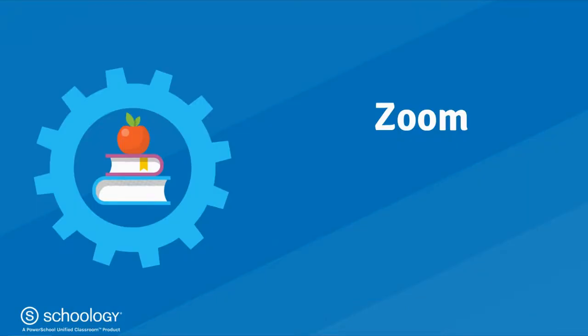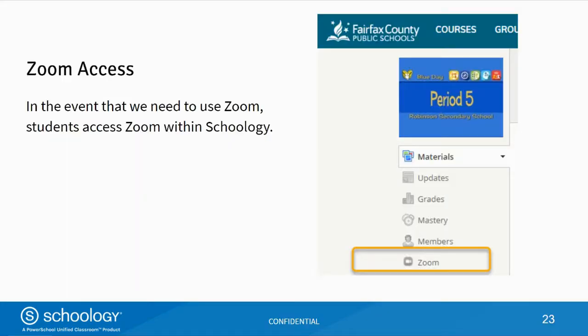So the last thing we wanted to discuss with you for our presentation is the possibility of using Zoom in the event that some instruction has to happen virtually. All students will have access to Zoom through their Schoology account, and we'd like to show you where that's located.